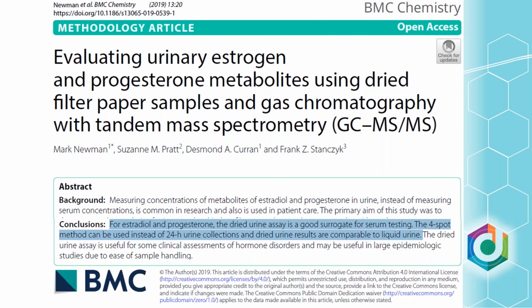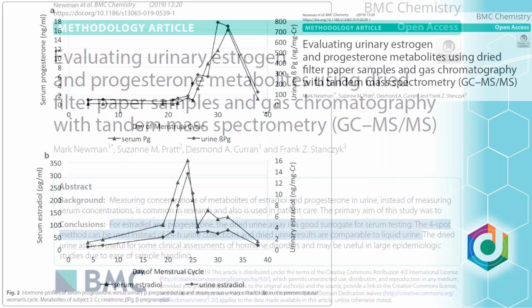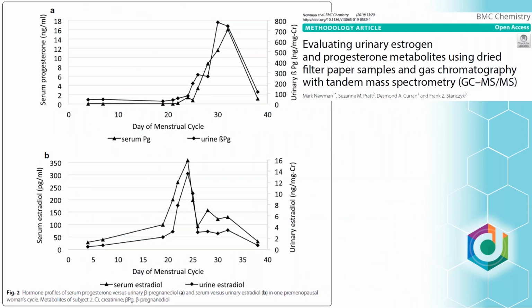We also looked at our 4-spot method and showed statistical equivalence to a 24-hour urine collection, which is the classic gold standard method for urine when looking at estradiol and progesterone. And then we also looked at dried versus liquid urine testing to show that, again, there's equivalence there.